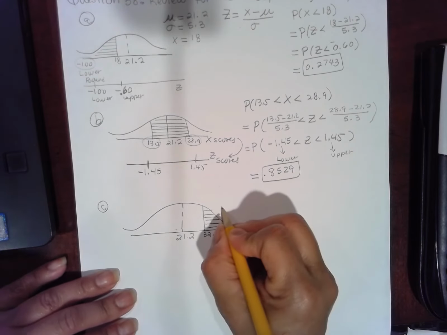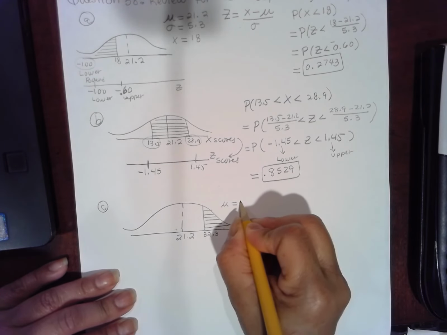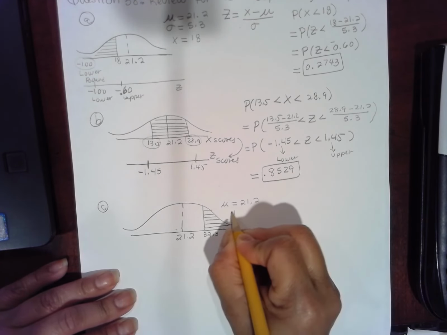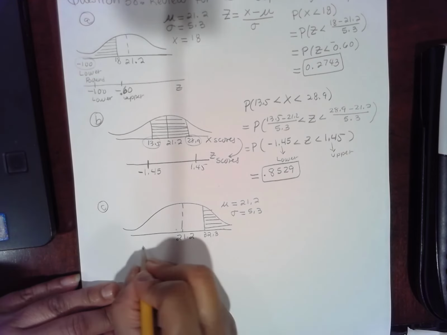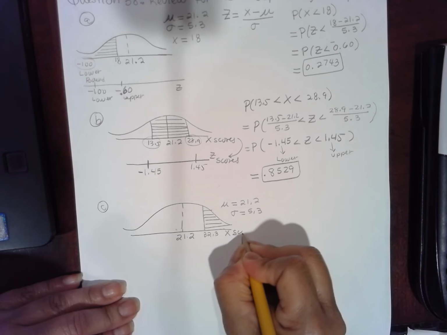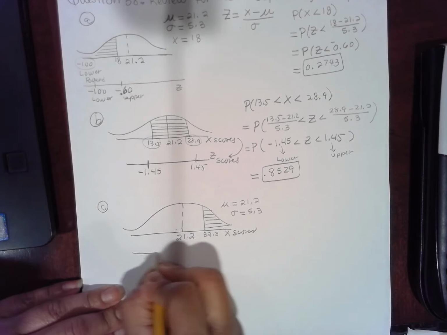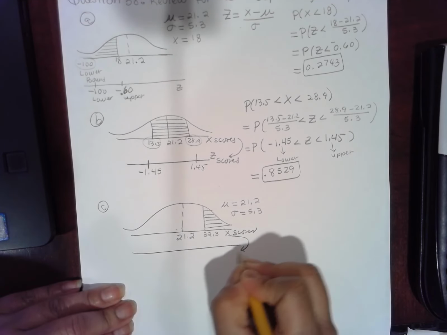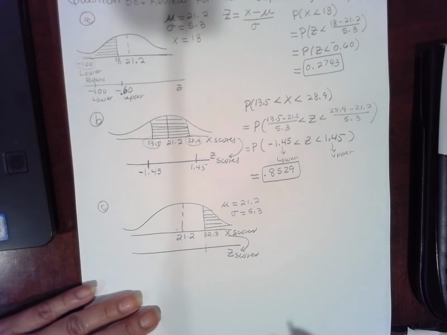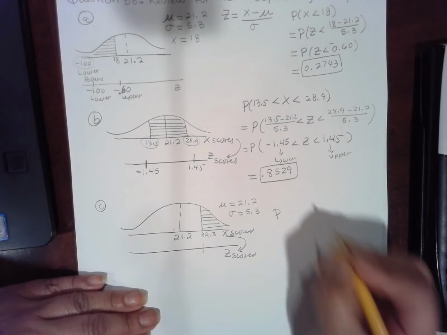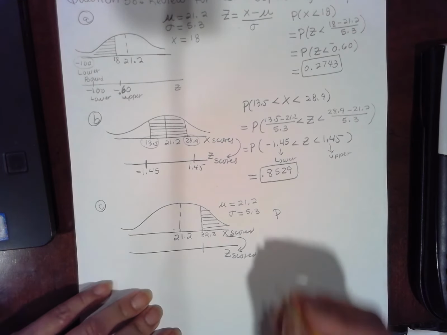You will continue to use the same mean, 21.2, standard deviation 5.3. And now these are X scores, or the students' scores, that we need to convert to Z scores so that we can standardize them and use the Z-score tables or use the calculator.